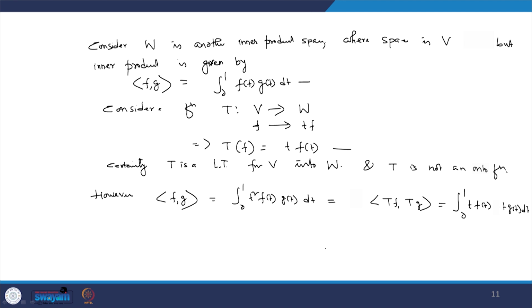So, this implies that T preserves the inner product without being an isomorphism.